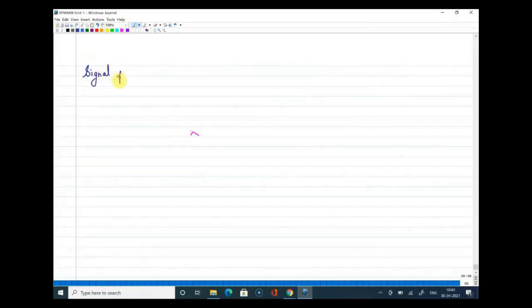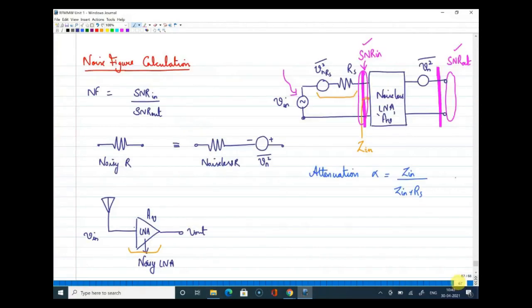Signal power at the input can be written as follows. V in is a signal here, but that signal is not exactly available here. That signal is attenuated by the attenuation factor of alpha.